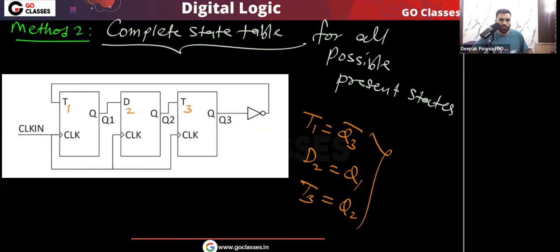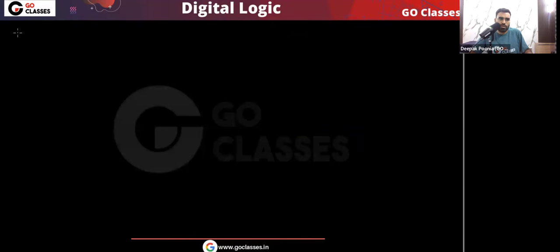Okay, these are the flip-flop input equations. Now I told you that method number 2 is you make the complete state table for all possible present states. So in the state table you just draw directly all possible present states.